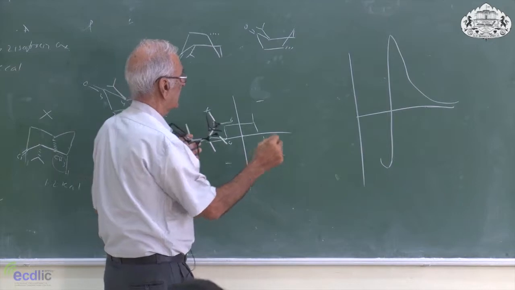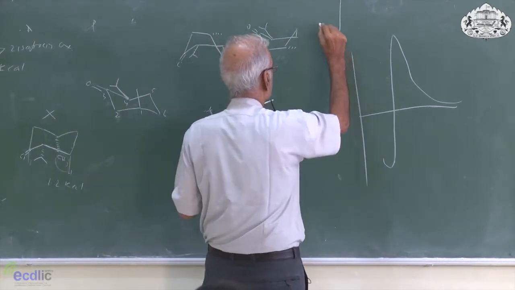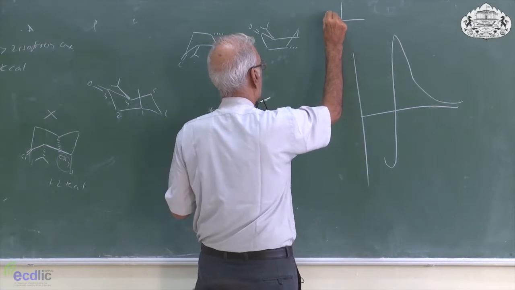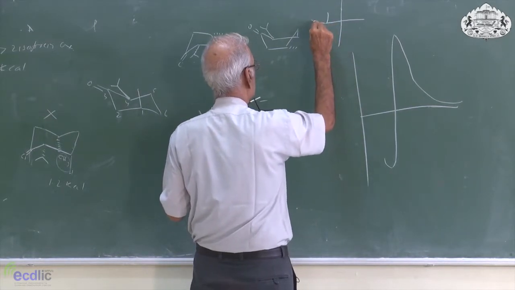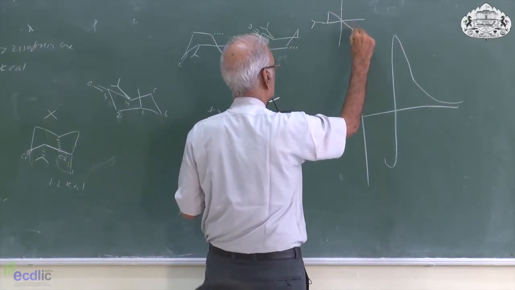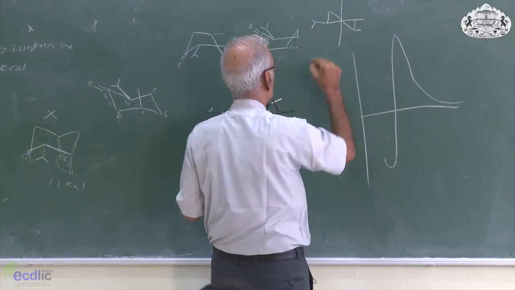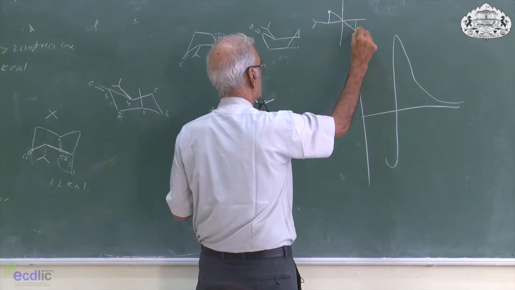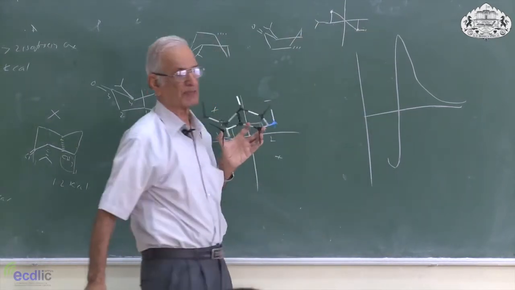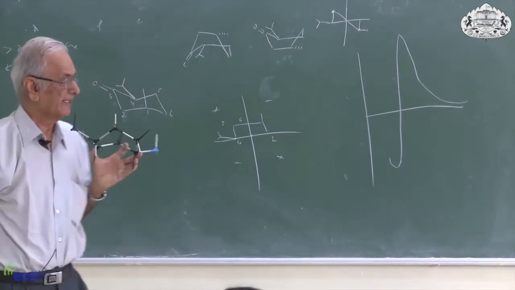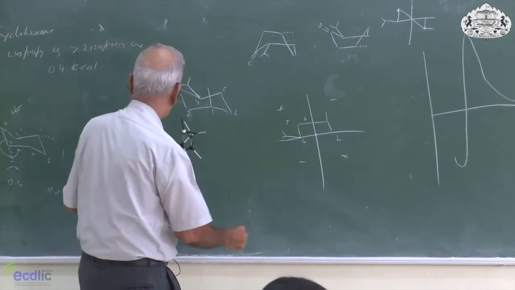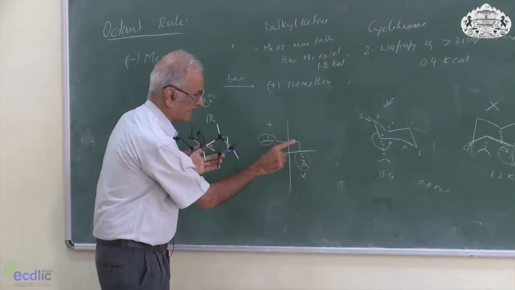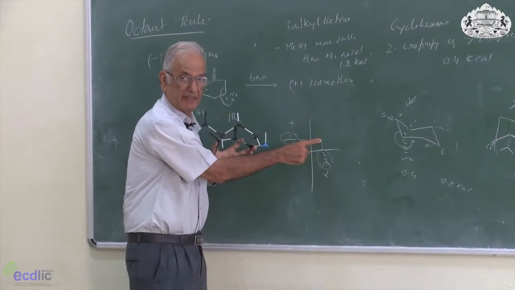Okay. Now, let us draw this. That is your isopropyl group. This is positive, this is positive, this is positive. In the normal projection, the positive of this carbon is cancelled by the positive of this carbon.